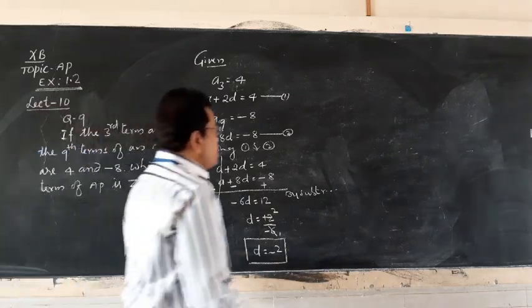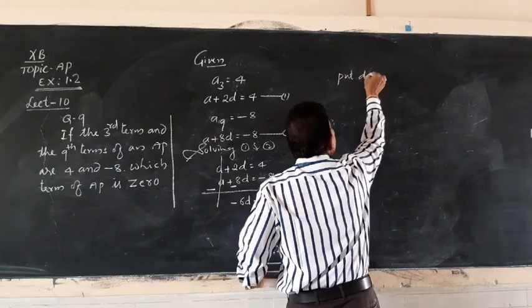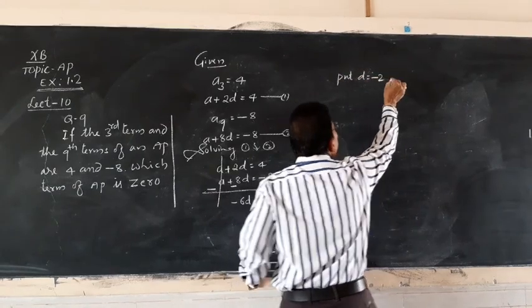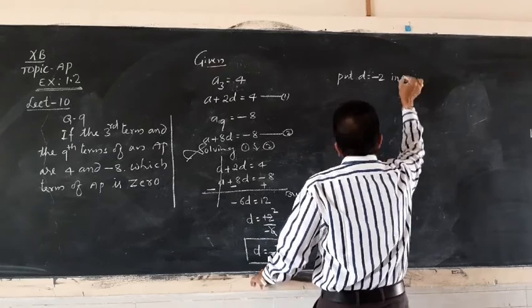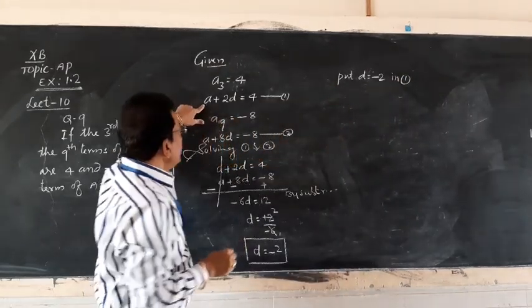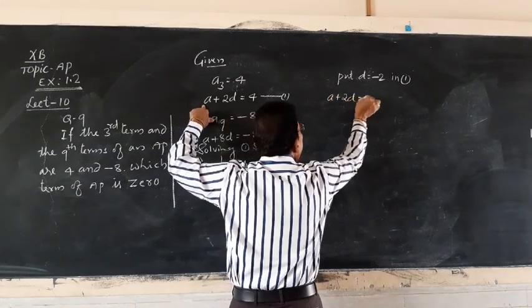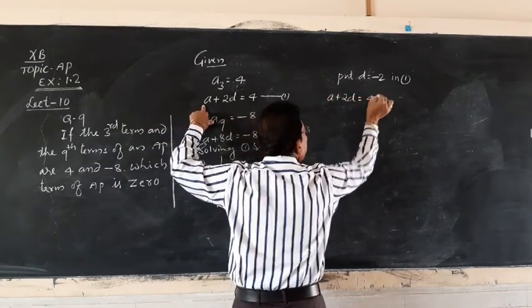Then put D equals minus 2 in equation 1. That is A plus 2D equals 4.